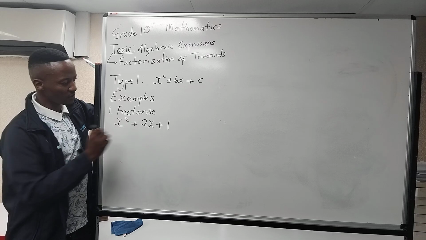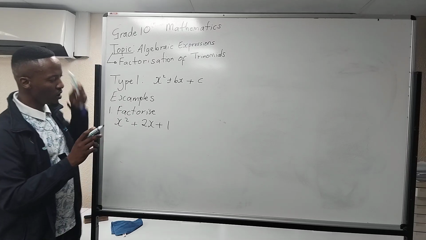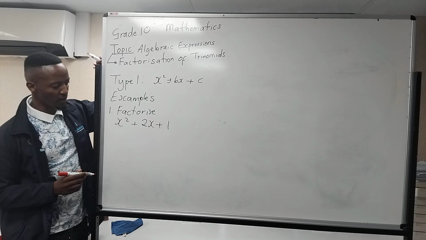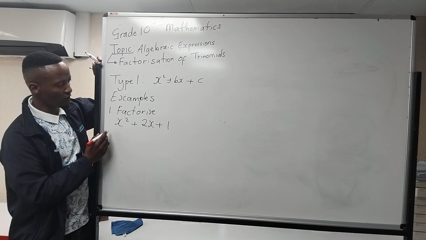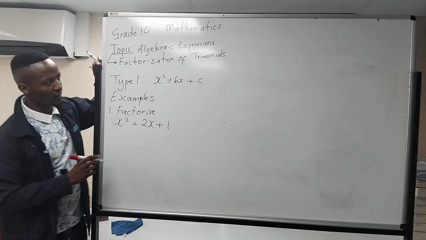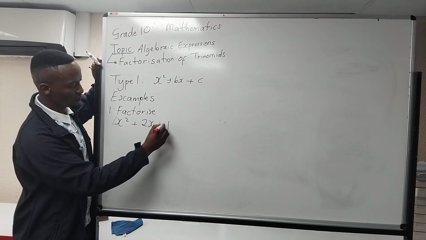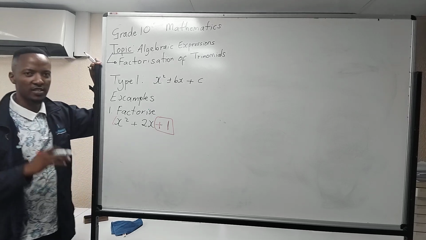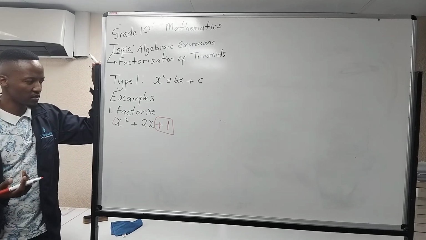So we know it is type number 1. How do we recognize that it is type number 1? We look at the coefficient of x squared. The coefficient of x squared is positive 1, and the value of c is positive 1. So this is type number 1, like we have discussed in the three types of trinomials.